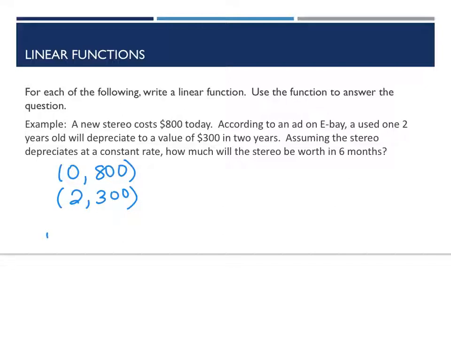I'm looking for my rate of change. The value of my stereo went down $500. It went down $500 over 2 years. So my rate of change is negative 250. So my formula becomes y equals negative 250x plus 800.